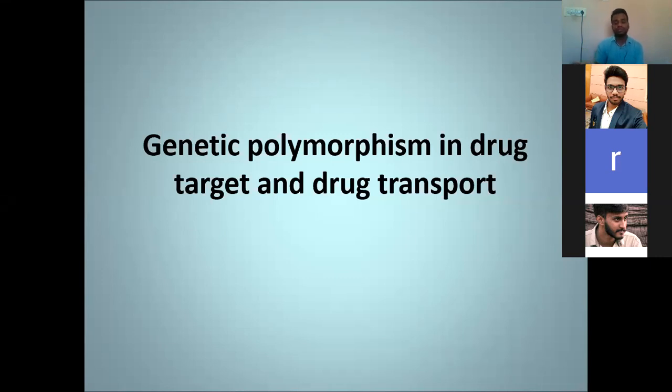It could be a channel, it could be a protein. So today we're going to talk about genetic polymorphism in drug targets, whatever you listed out, like ion channels, enzymes, receptors, and genetic polymorphism in drug transporters. Because of that, the drug concentration may get changed. Clear with the introduction, everyone?